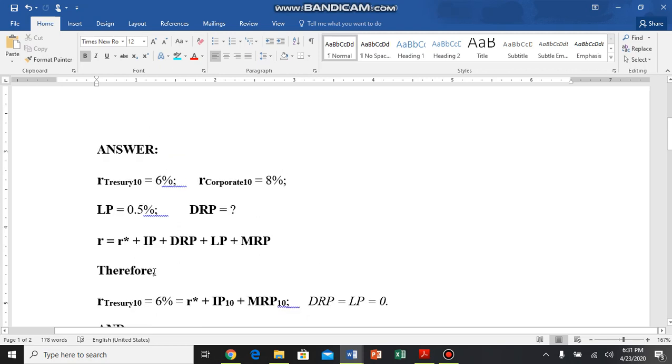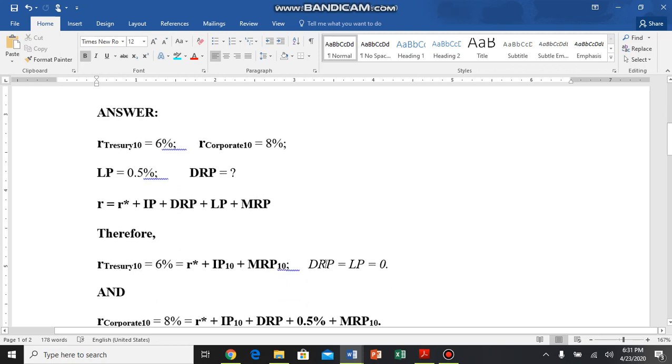Therefore, for the treasury, which does not use the DRP and the LP, that is equal to 0, the rate is given as 6%. So 6% is like saying that the real risk-free rate plus the inflation premium plus the market risk premium for 10 years is equal to 6%.